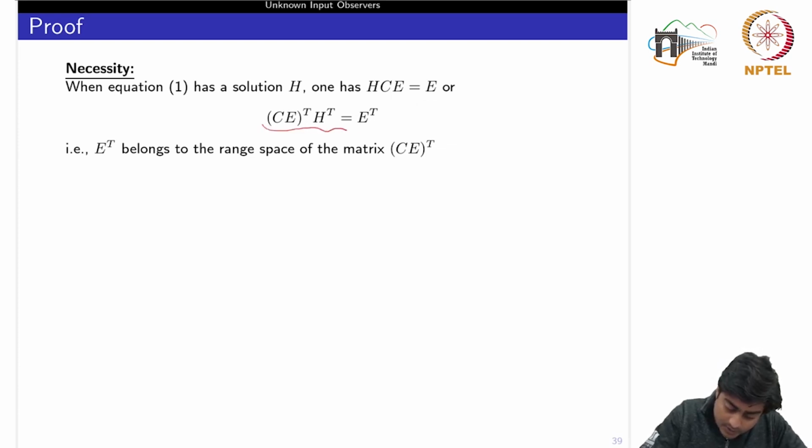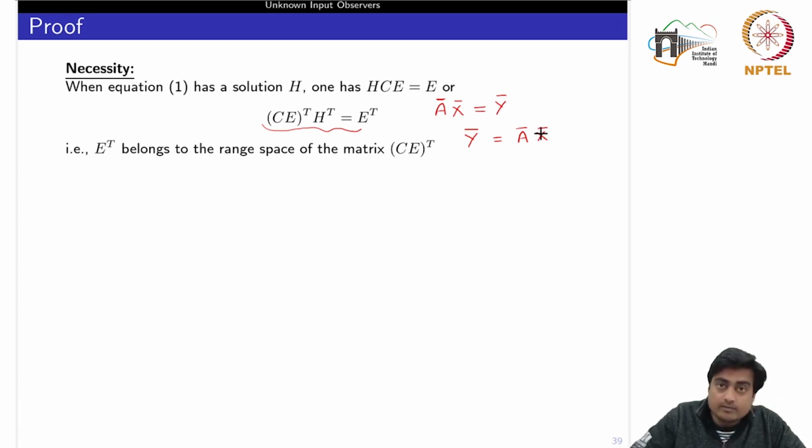Now pay attention to this equation. I can write it with CE transpose as A bar, H transpose as X bar, and E transpose as Y bar. We had seen these types of equations earlier. So let's write this in a common notation as Y bar is equal to A bar X bar, where Y bar is E transpose, X bar is H transpose, and A bar is CE transpose.